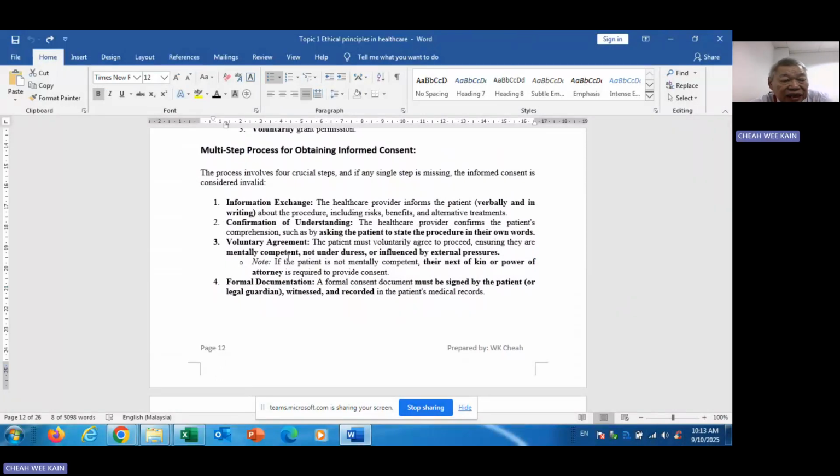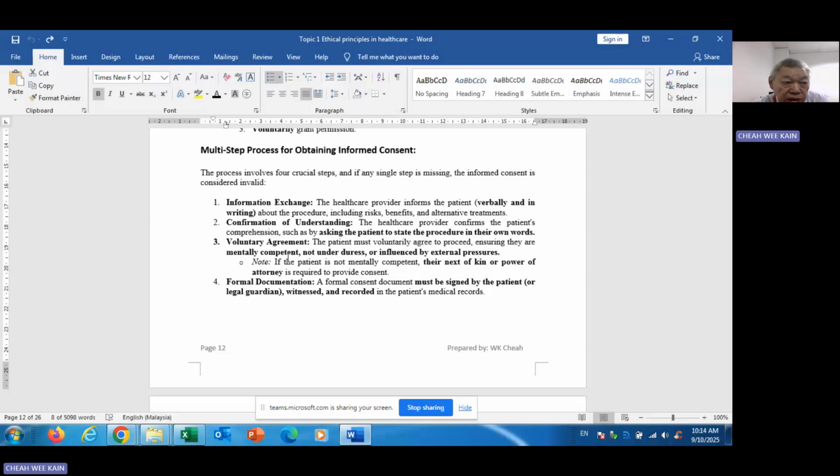A little bit aside, right? In some hospitals, they may buy an insurance policy against court cases whereby unhappy patients will want to sue the hospital. So the hospital buys this very expensive insurance.